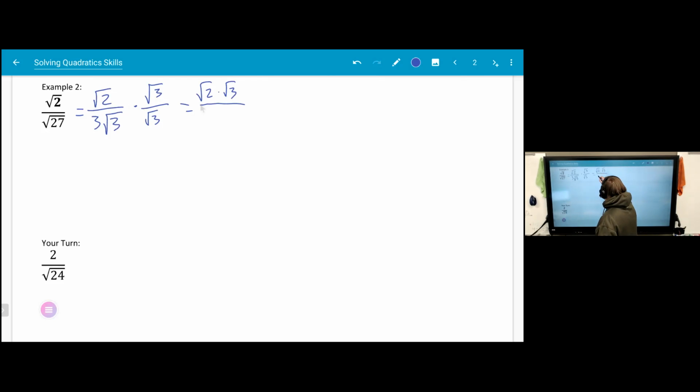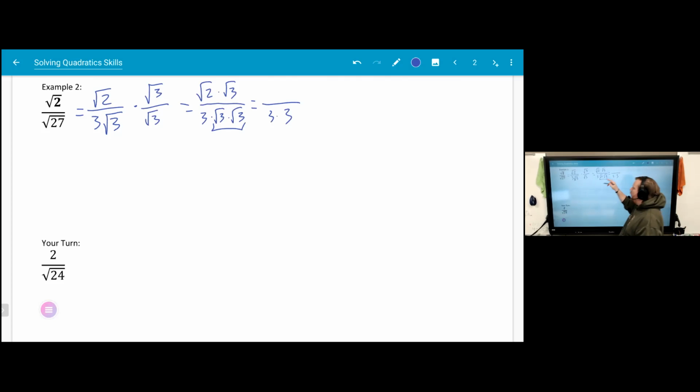On the bottom, I have 3 times the square root of 3 times the square root of 3. What is the square root of 3 times the square root of 3? Square root of 3 squared, or the square root of 9, which we know becomes 3. So let's do the bottom and then the top. We've got 3 times 3 because that became 3.